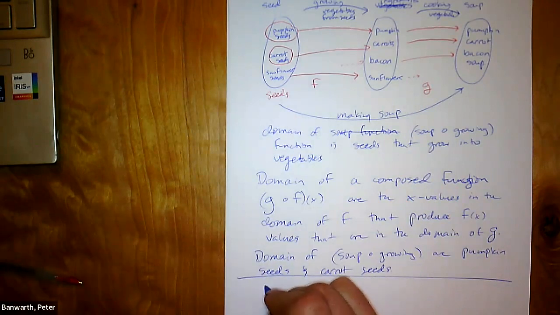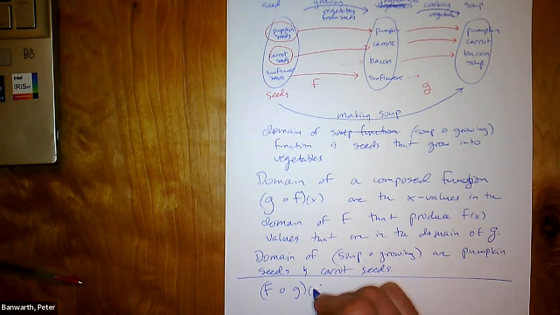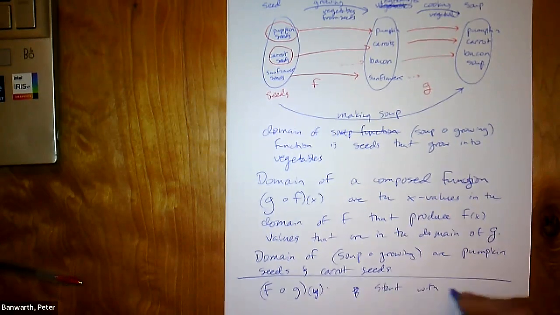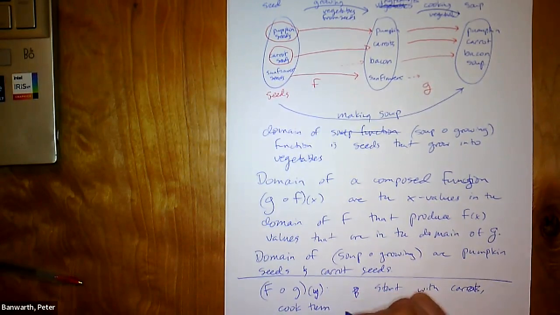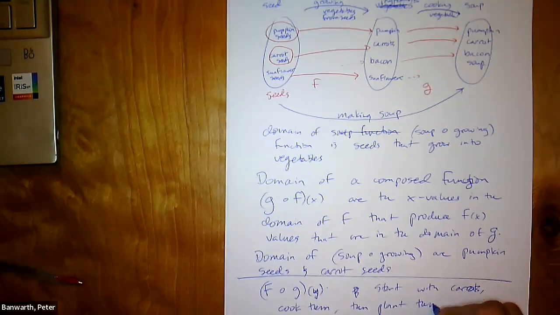But if I try to do F composed with G of, well, that would have to be Y, right? That would say I start with carrots, cook them, then plant them, and expect them to grow.